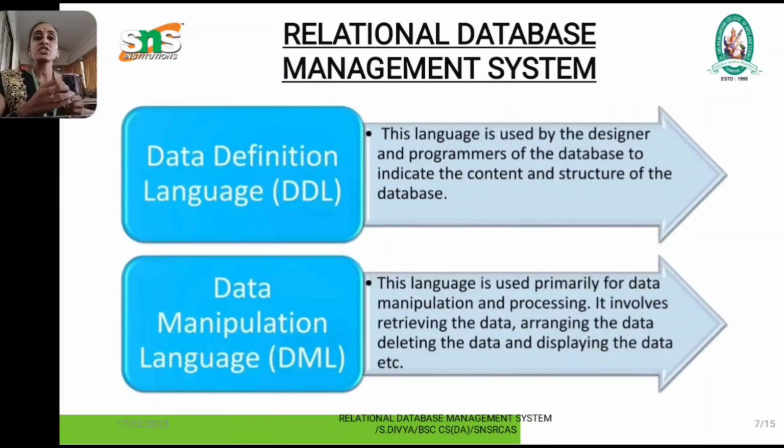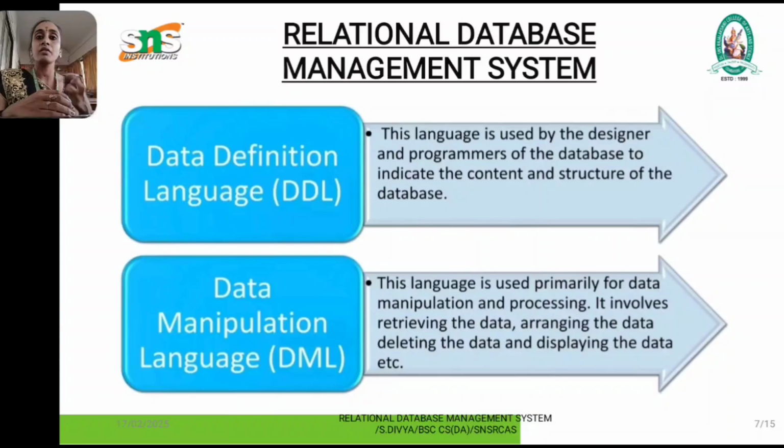Next, the relational database management system defines four different languages. First, data definition language, that is DDL. This language is commonly used by the designer or programmer to indicate the database content or structure of the particular database. Next, data manipulation language.